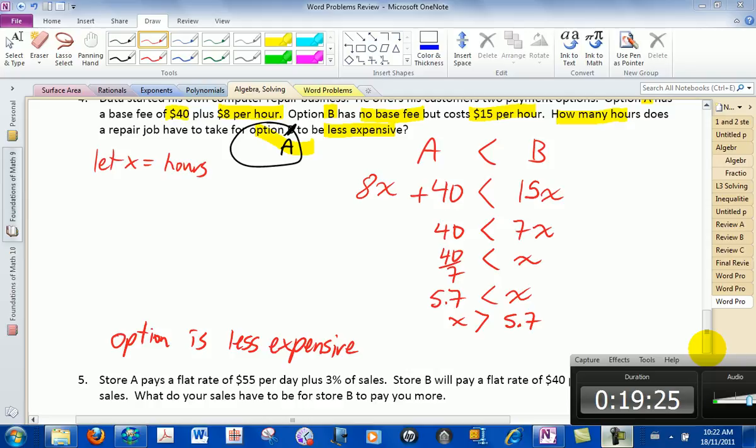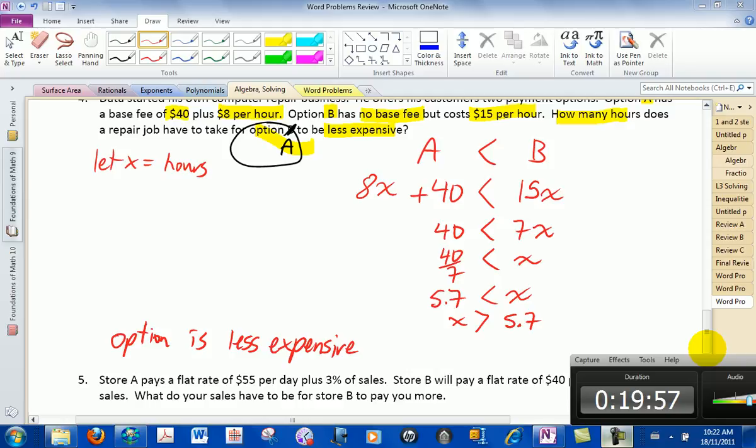Well, we got 5.7. Is option A going to be more expensive or less expensive below 5 hours or after 5 hours? After 5 hours, because it's a greater than sign.